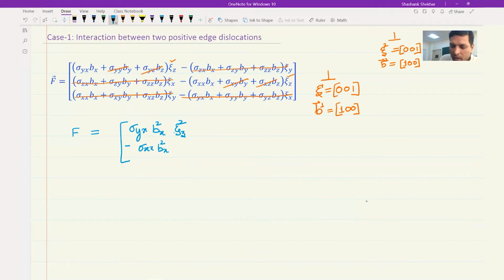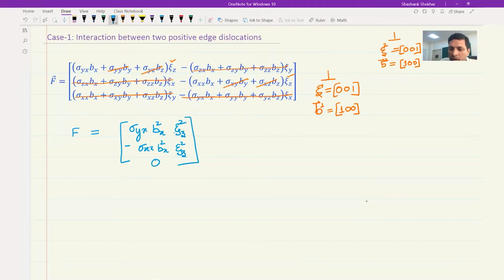Keep in mind this is not square, this is superscript 2 to inform us that this is for dislocation 2, and this is Ez again 2, and the third one there is nothing left, so it is 0.